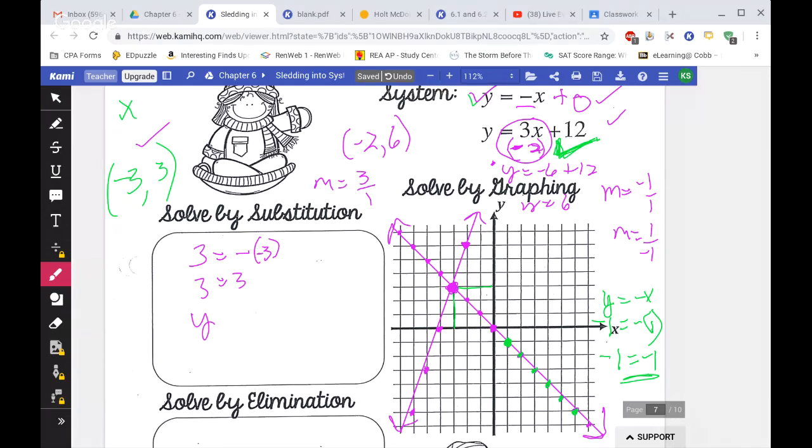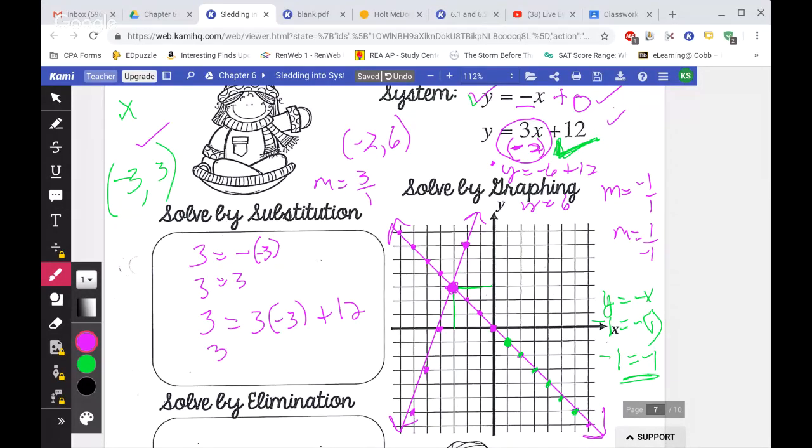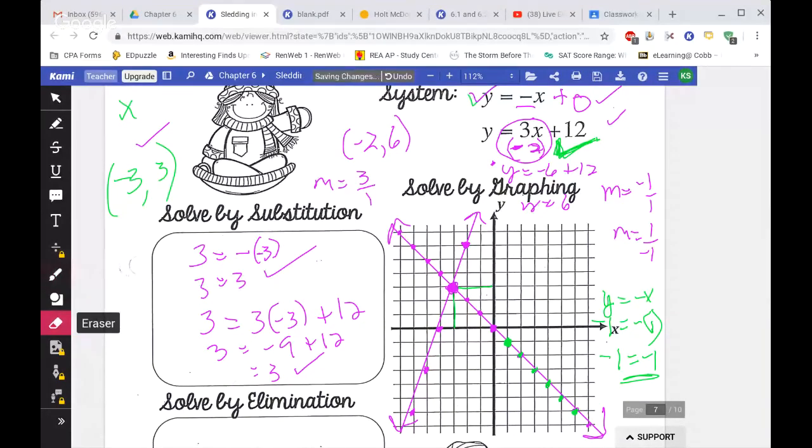If I took this one and plugged in, 3 equals 3 times -3 plus 12, 3 equals -9 plus 12, 3 equals 3. That is a solution to the first equation, and it's a solution to the second equation. So you know that that is a true statement. That's how you check it.